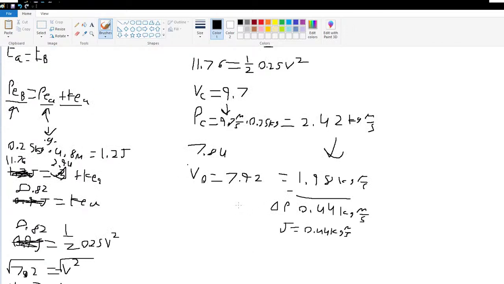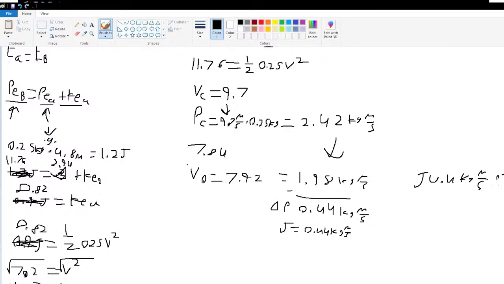For the velocity, yeah. And then that times 0.25 is 1.98. Yeah, I don't know. For some reason they have a negative sign.